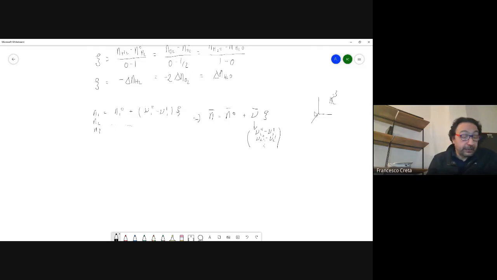Suppose that we're starting, as we did before, with N0 coinciding with essentially all the Ni primes. I will not be able to do this vectorially.